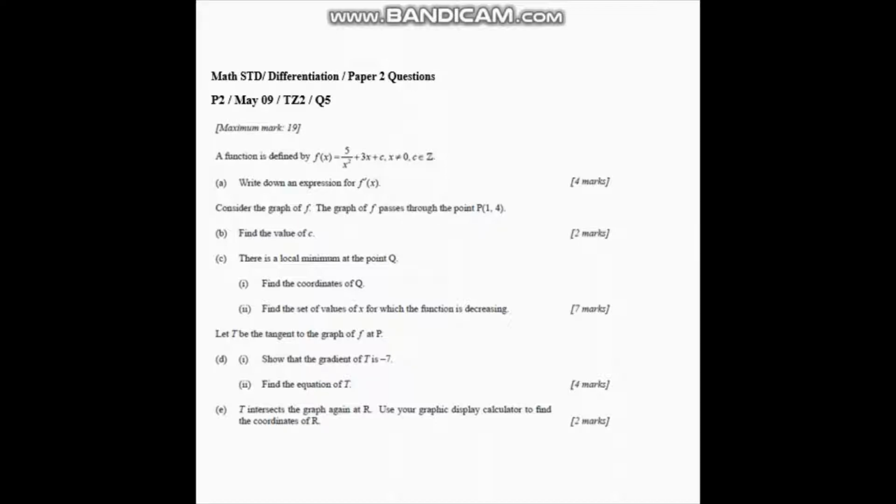Next, I'm given that the graph of f passes through the point P(1, 4). I am asked to find the value of c. So since I know that the graph passes through this point, then I know that when x equals 1, y equals 4, or when x equals 1, f of x equals 4.